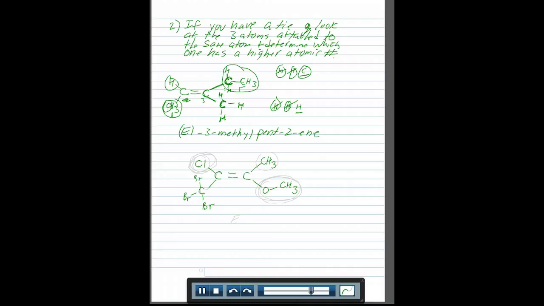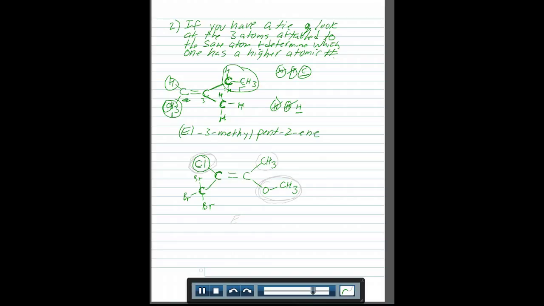All right, so let's go through this. So in this carbon, look at the two things it's attached to. It's attached to a chlorine, and it's attached to a carbon. Carbon versus chlorine. Chlorine gets the priority. If you circled the carbon with the 3 bromines, that's incorrect.